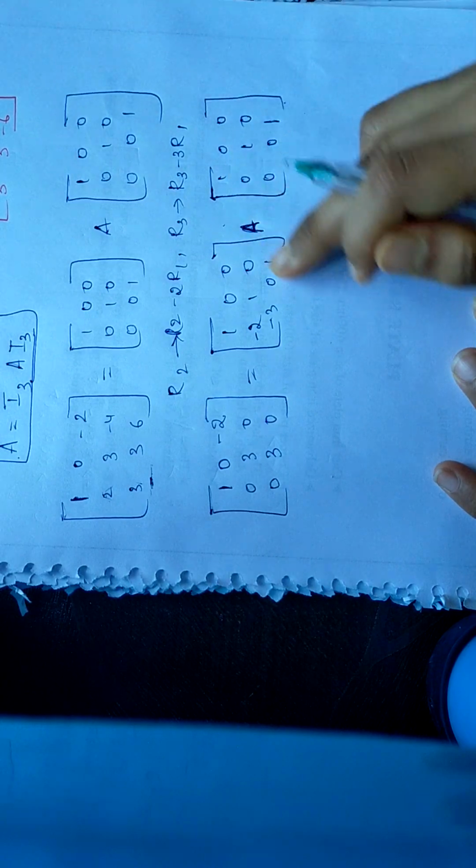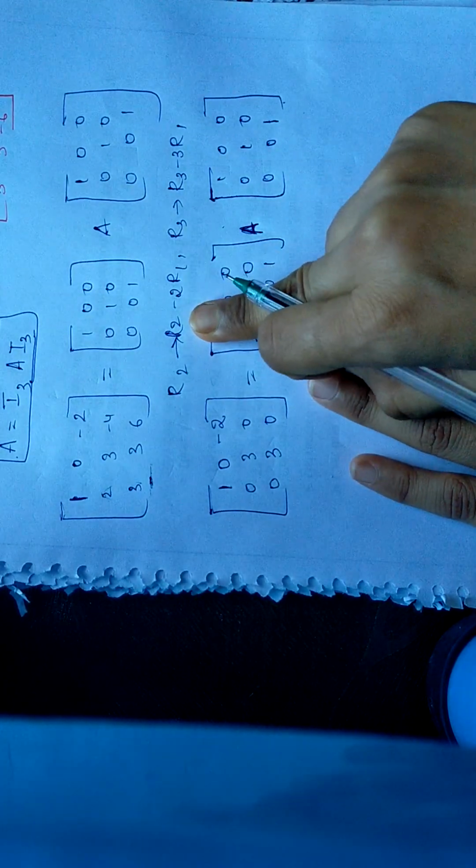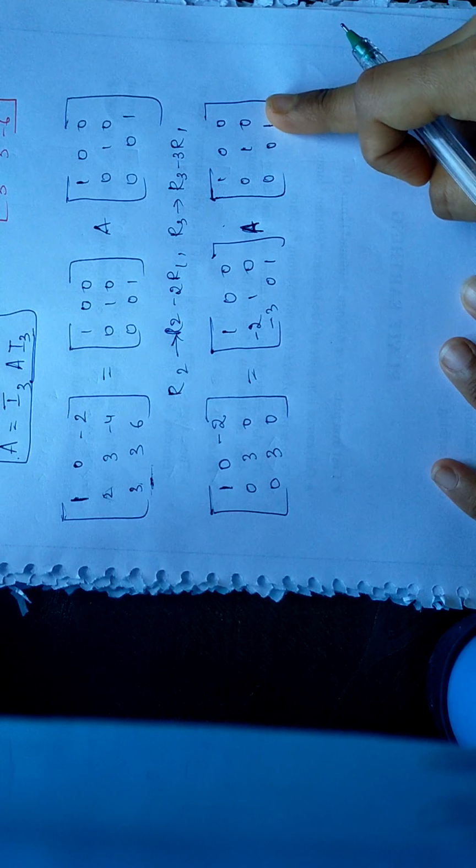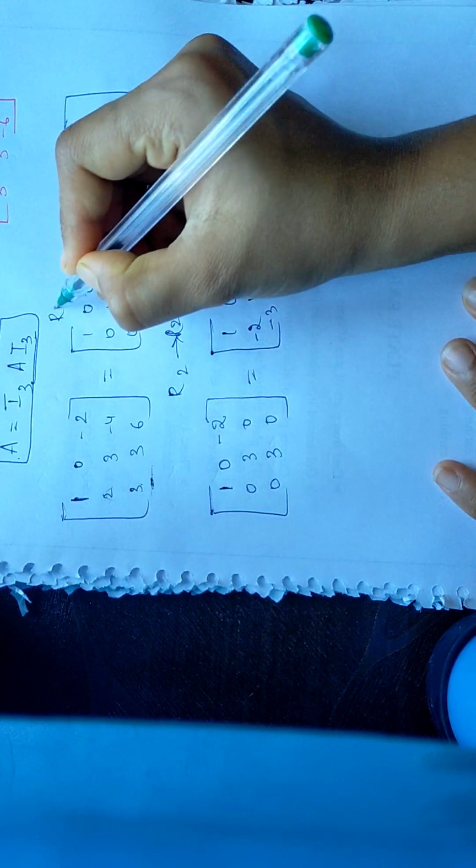Okay, now what you have to do next is, I guess I missed one point saying here. So here A, right, you got Y. Okay, the same operations we are performing on the identity matrix, but why we got here 2 3 and why it's still the same is I missed one point here. So whenever you are performing row operations, for the row operations you have to work on this matrix.